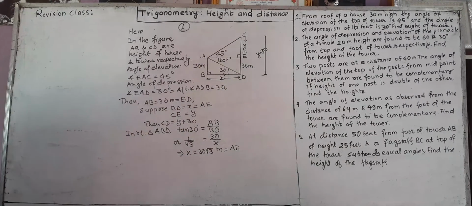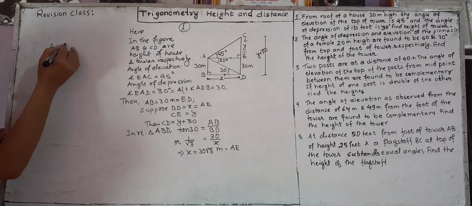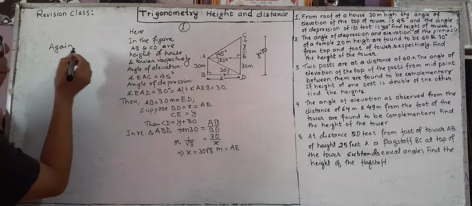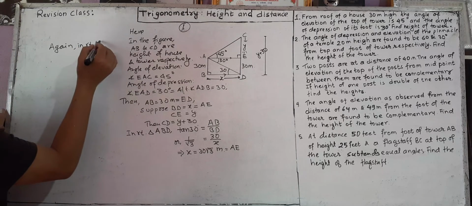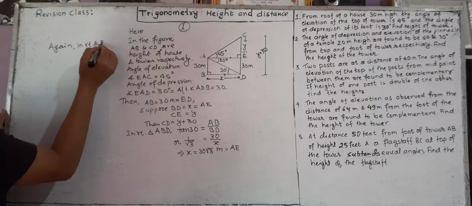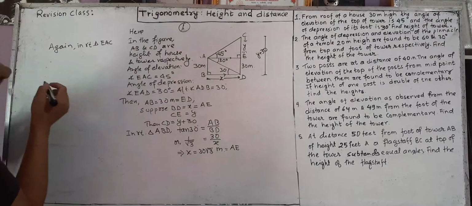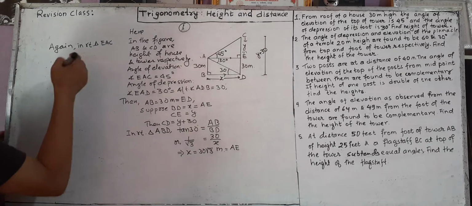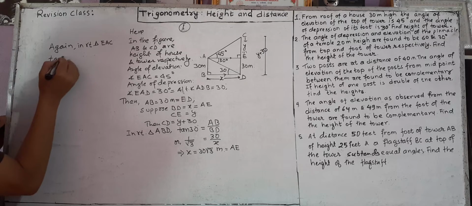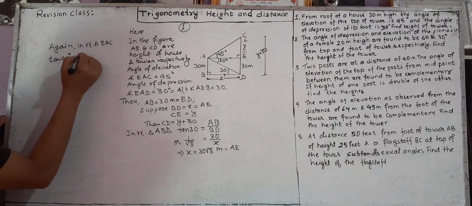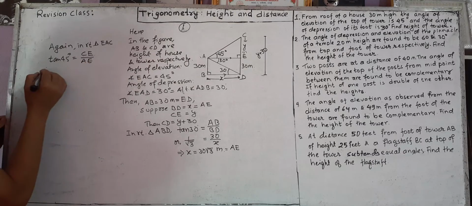So again, look at here now. In right triangle EAC, I can write AEC also. The ratio tan 45 degree equal to CE by AE.